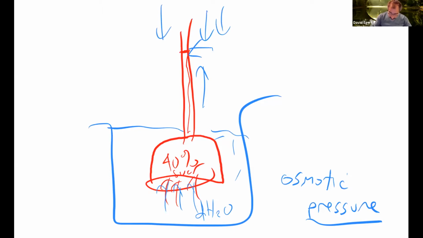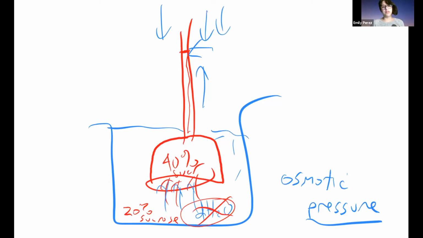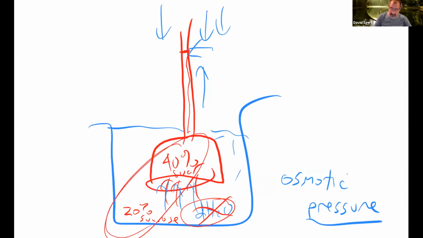What if, instead of distilled water here, I had 20% sucrose outside? What would happen now to the system? The water level in the tubing would go down and go into the beaker. Yeah, so what's happening to the gradient here? What is the gradient, the difference across the membrane, like?